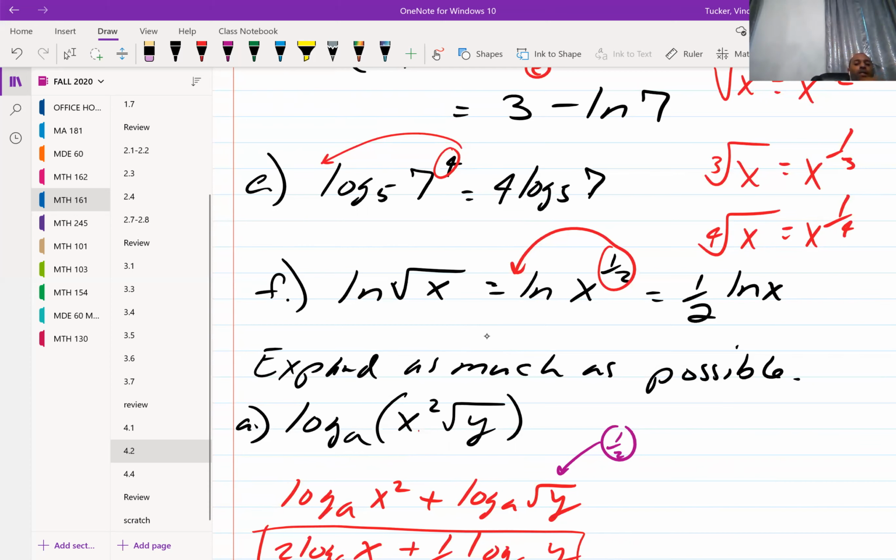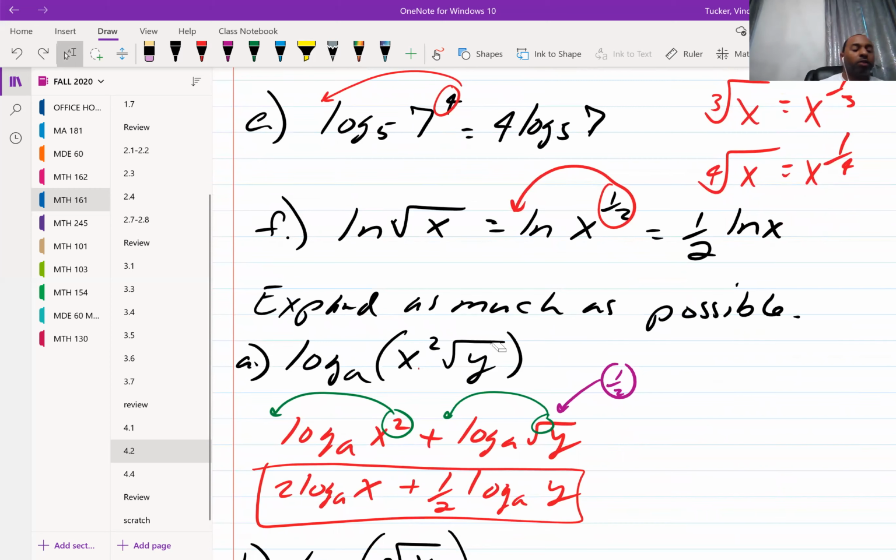So it's log base a of x squared plus log base a of the square root of y. Then use your power rule to bring your exponents down front. And that's going to be 2 log base a of x plus 1/2 log base a of y.